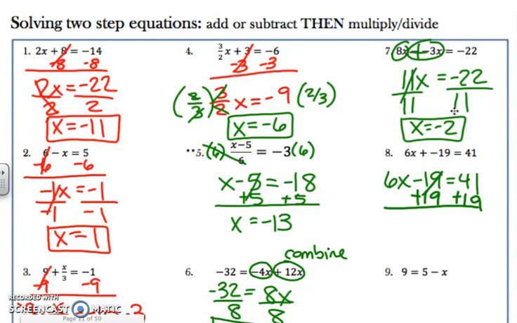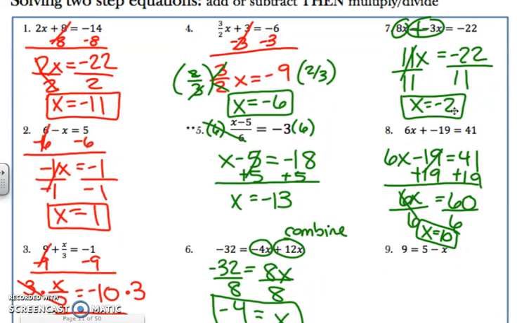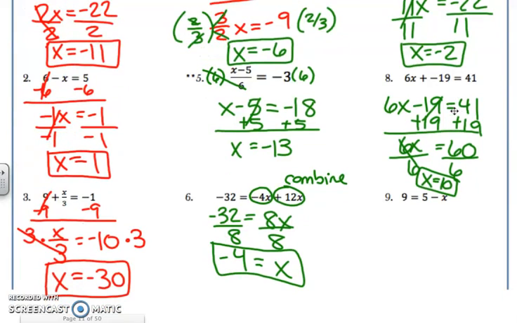My 19s are going to cancel out. That leaves me with 60 on the right side. Bring down your 6x. Last step is to divide by the number next to the variable, 6, and I would get 10. Okay? All right. One last problem and you're a rock star at two-step equations.